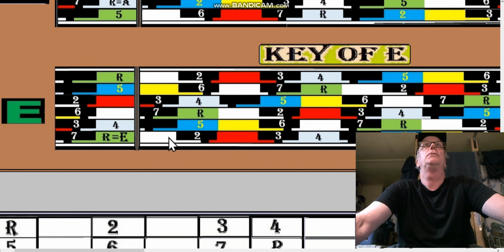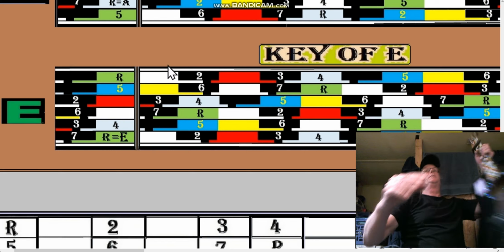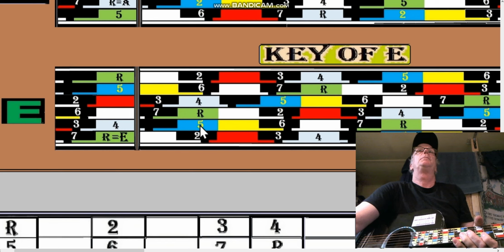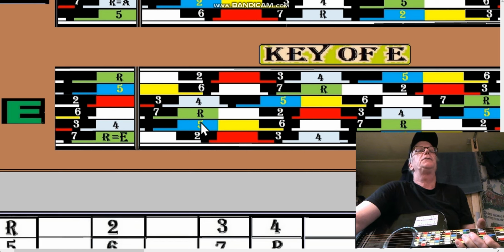You can go root 2 3 and then you can play a scale, or you can do an arpeggio. So how are we going to do an arpeggio? What are we looking at here? We're looking at basically an E shape, right? E shape is one up from the A shape, is it not? Oh, now we get into the C shape.